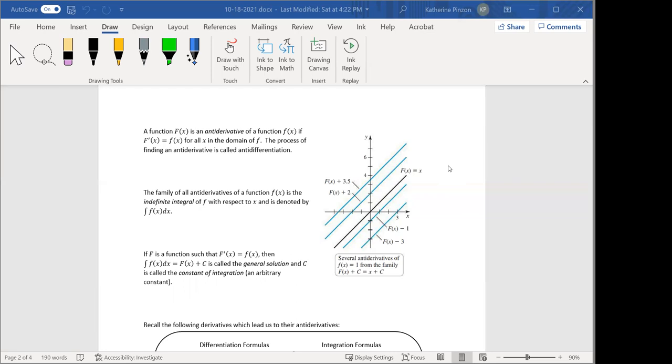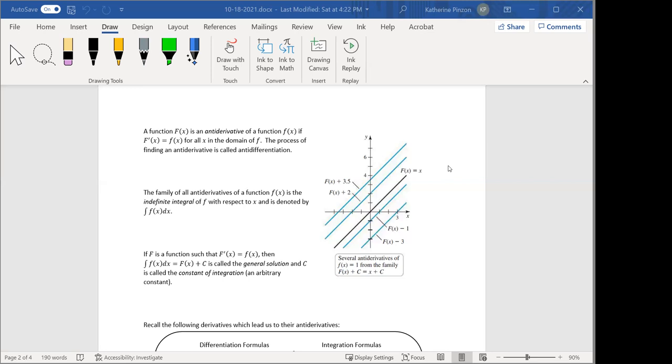When we find an antiderivative, we don't find just one. We find a whole family of functions because we can add any constant we want at the end. And when we take the derivative, it'll still be the same because the derivative of whatever constant we add to the end is going to be zero.